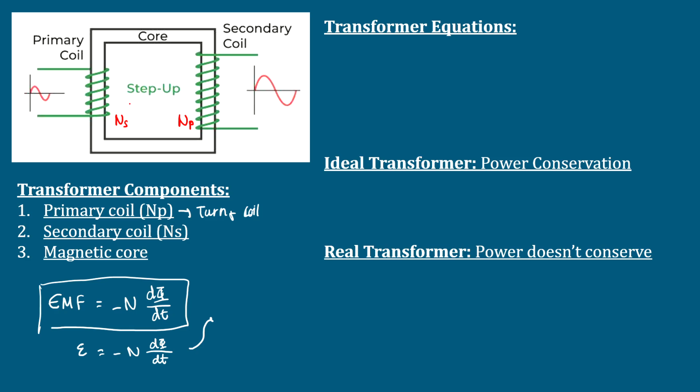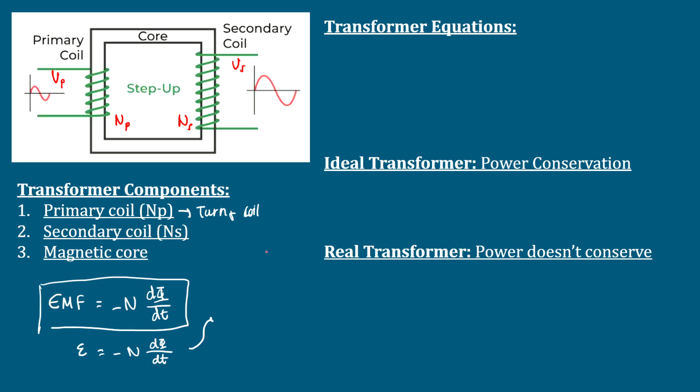This example is a step up transformer. For the primary coil we have the primary voltage and primary turns. For the secondary one, it's secondary turns and secondary voltage.